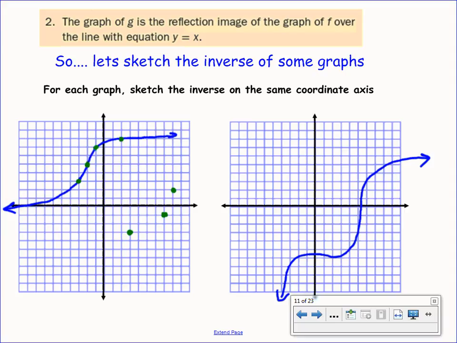I think we need some more. -2, 5 will be paired with 5, -2. And -4, 2 will be paired with 2, -4.